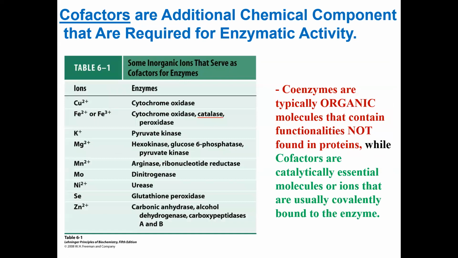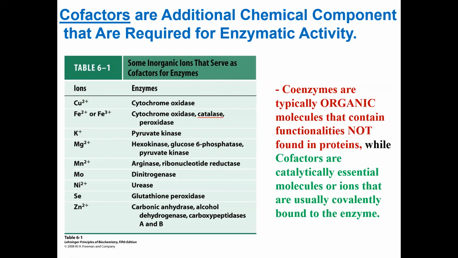Now some enzymes require some additional components for their activities. And so in that regard, we want to introduce you to something called cofactors. Cofactors are additional components that you need for enzymatic activities.